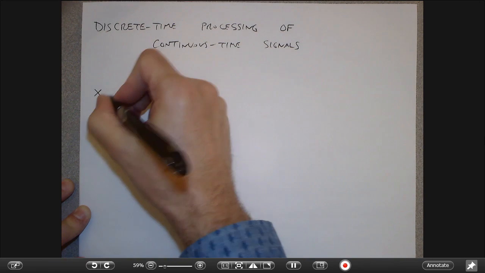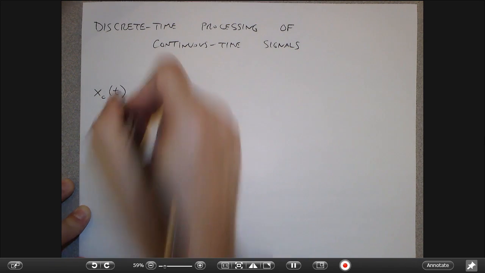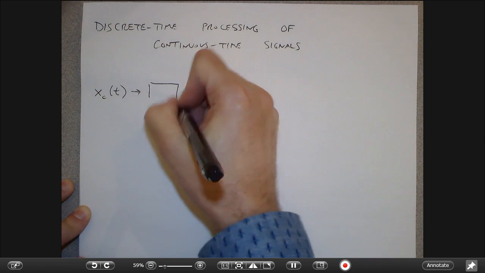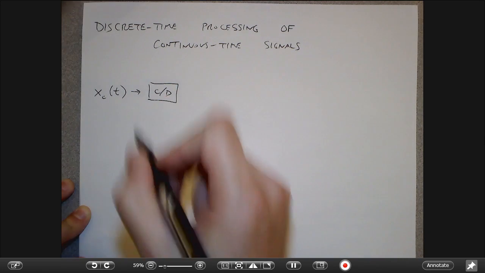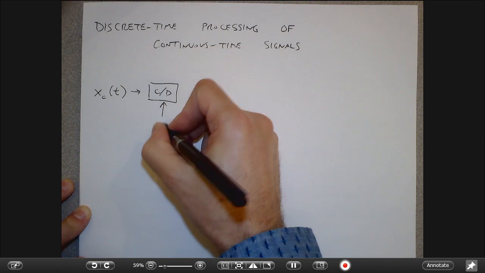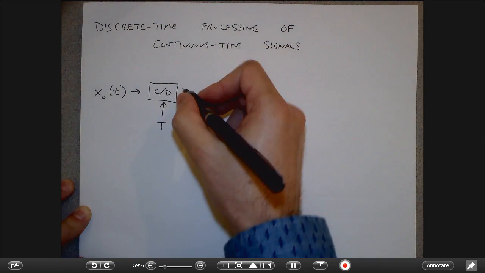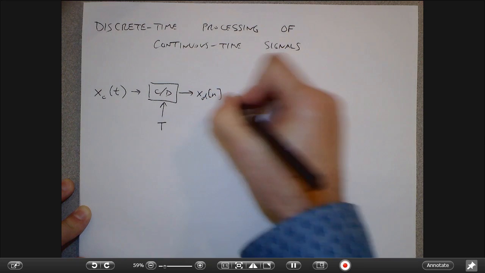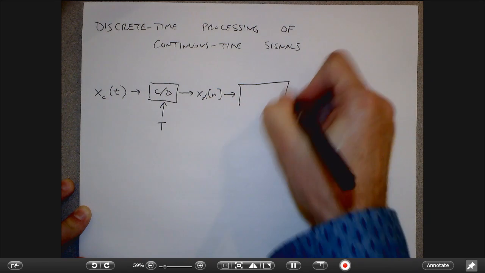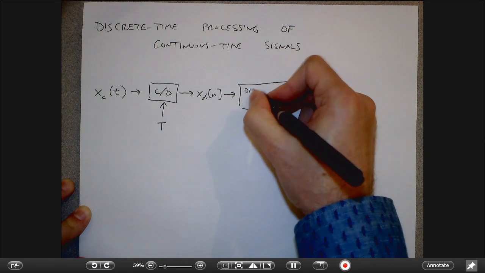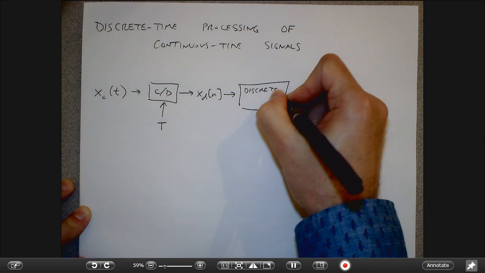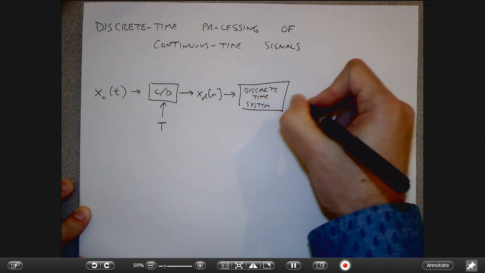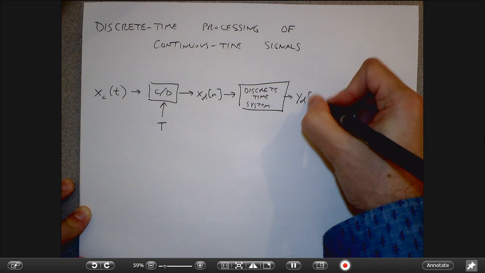So the underlying model for what I want to do is I have some continuous time signal that comes in. I do some sort of a continuous to discrete or A to D converter where I sample that signal by some sampling rate. Now I get some sort of a discrete time signal. Now I can process this with some sort of a discrete time system to get some discrete output.